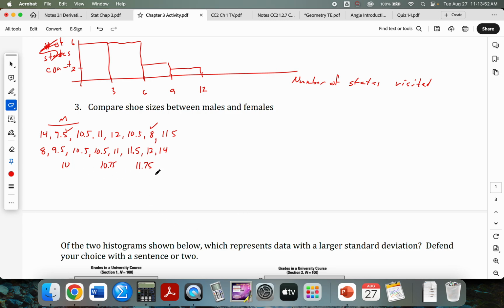The IQR is only 1.75. 1.75 times 1.5 is 2.625. If we add that to 11.75, we get 14. All right, so 14 is not an outlier because it's within that fence. If we go the other way, 10 minus 2.625, we're at 7.375. We're fine. There are no outliers on this.